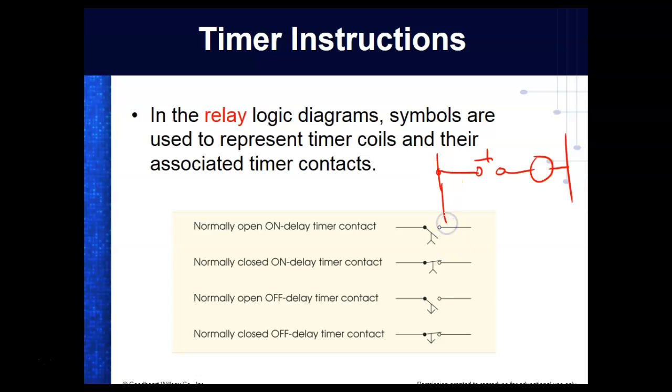If I come down to the next line and draw a contact and name it TR, then this symbol right here defines that as an on delay timer. If the arrow points toward it, it's an on delay timer.